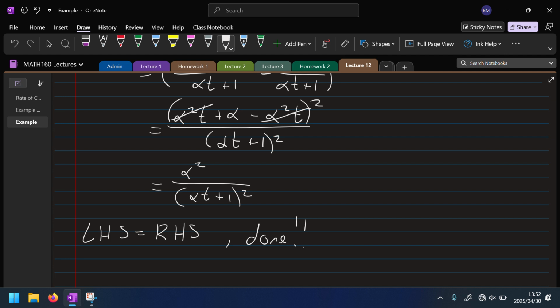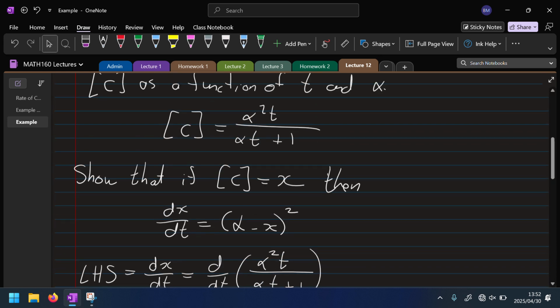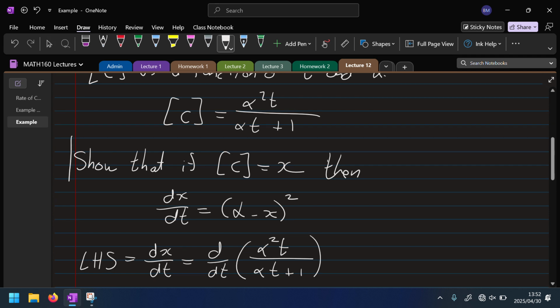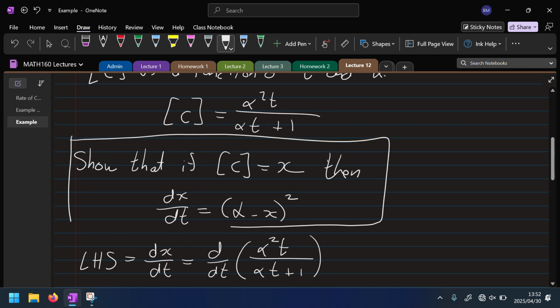Any questions on this one? Yep. So, what was the question? Show that. So we're given the concentration of C. We want to show that the rate of change of the concentration of C is alpha minus the concentration of C squared.